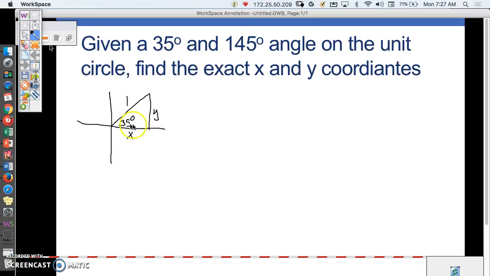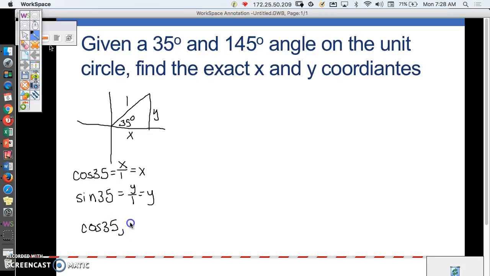If we were to solve for x, we could say the cosine of 35, adjacent over hypotenuse, is just equal to x, and opposite over hypotenuse, the sine of 35 equals y over 1, which is y. So the exact values would just be the cosine of 35 and the sine of 35, because this side we know is the cosine of 35, and our vertical we know is the sine of 35.